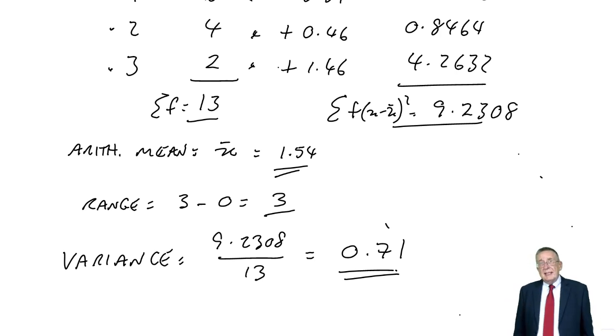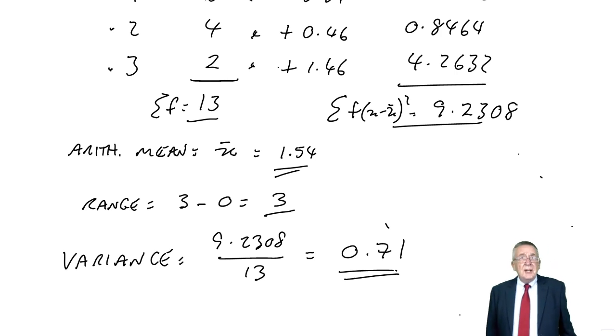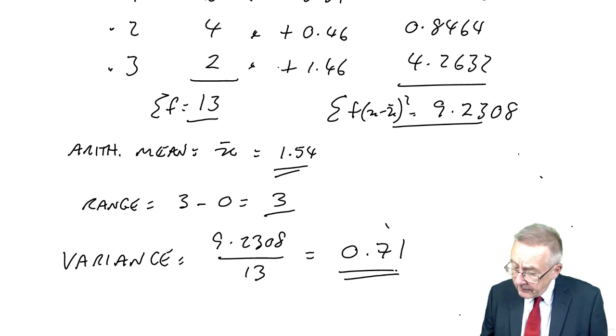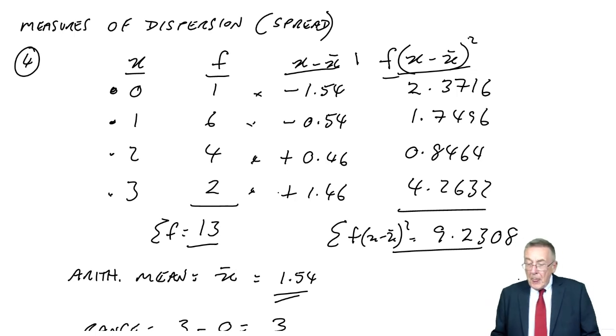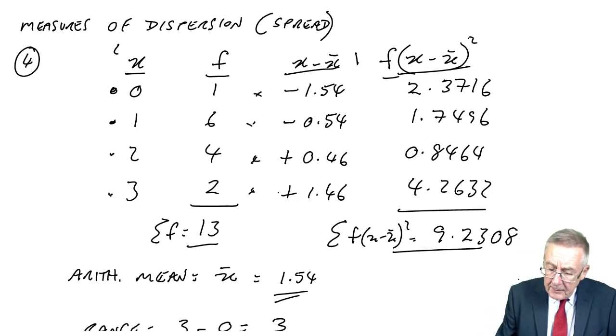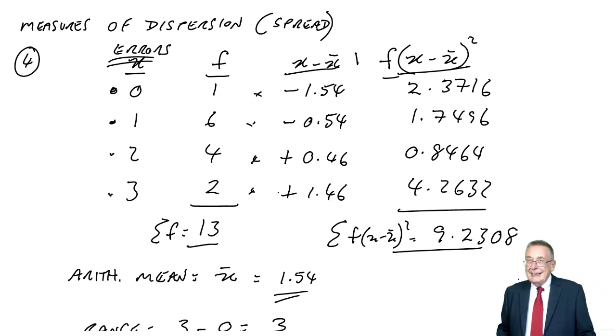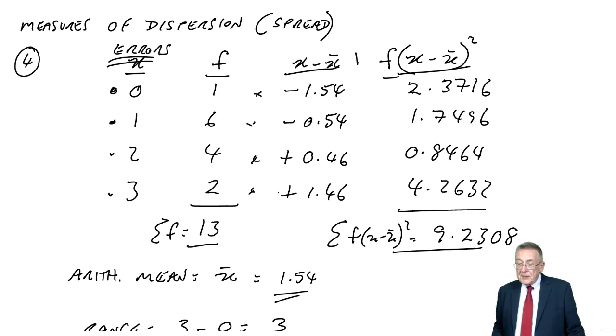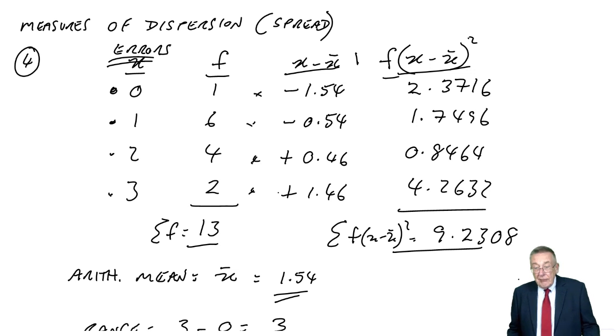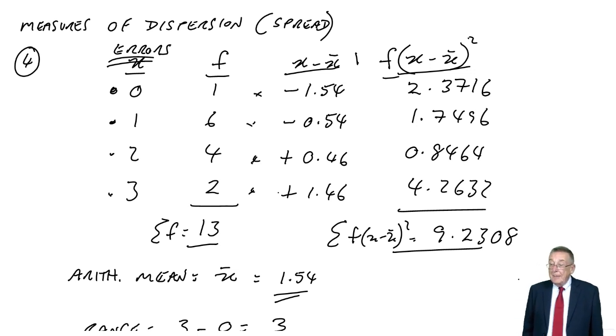The only problem with that, and the reason we don't actually use that very often, is to think back to what we were looking at. The observations were numbers of errors. And we took the differences from the average, so it was minus 1.54 errors, minus 0.54 errors, and so on.